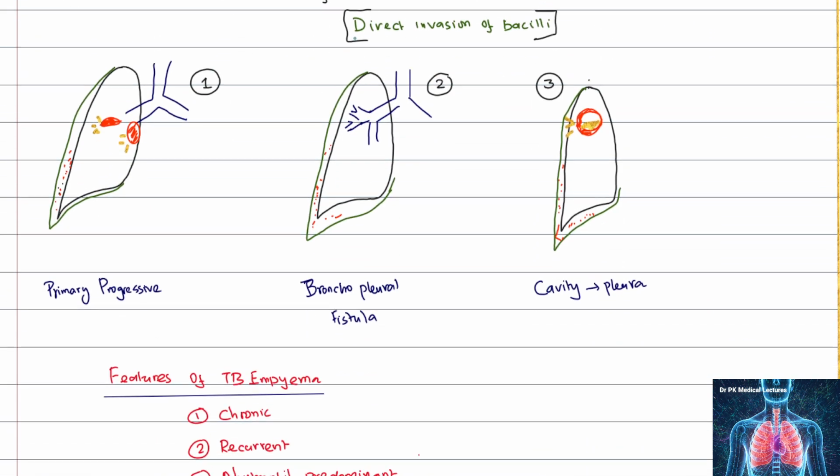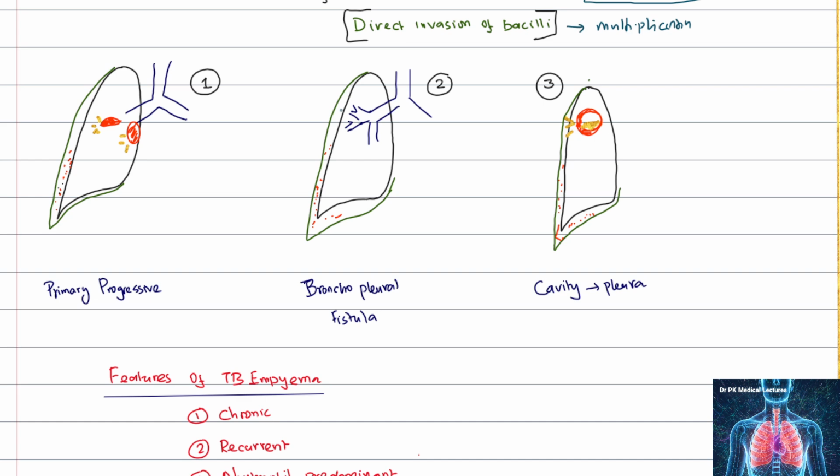Another less common cause of tuberculous pleural effusion is TB empyema. So far we have discussed tuberculous pleural effusion, which is the delayed hypersensitivity reaction to the tuberculous protein. But in TB empyema there is a direct invasion of the bacilli and there is a multiplication of the bacilli.